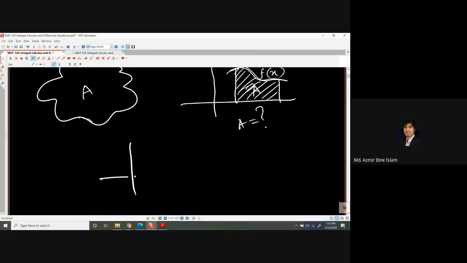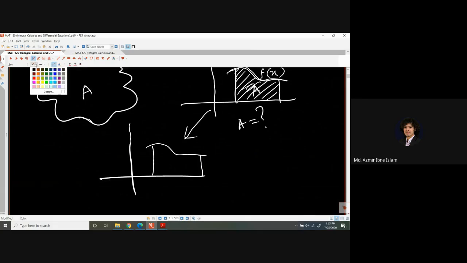So what we can do here, at first we have this shape. I am just drawing the same one here. Since we don't have the exact formula for this one, we can just think, suppose we have a rectangle here, we have another rectangle here, we have another rectangle here, just like this.